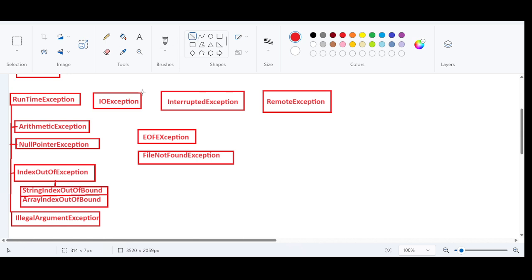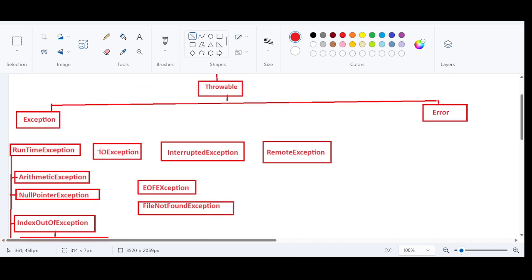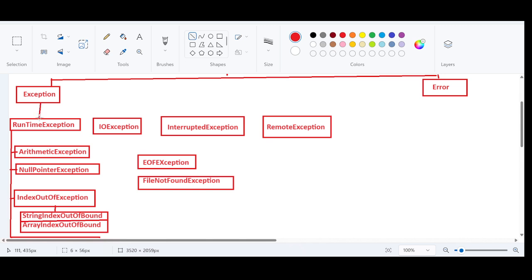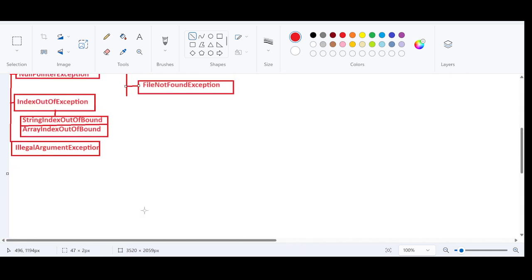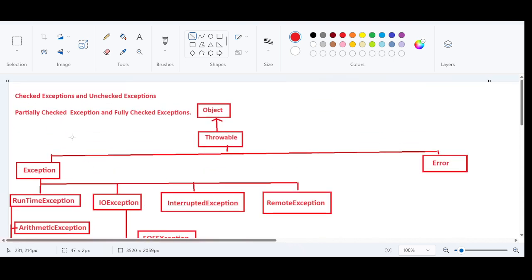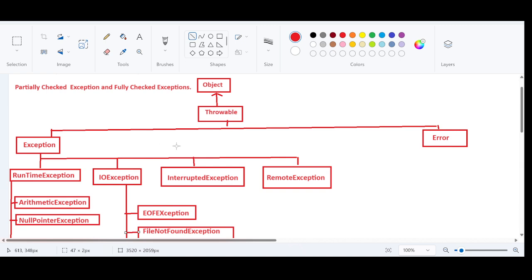Under IOException, this is how it is. EOF is part of IOException, and FileNotFound is part of IOException, input output exception. So my question is, what are the checked and unchecked exceptions in this exception hierarchy?